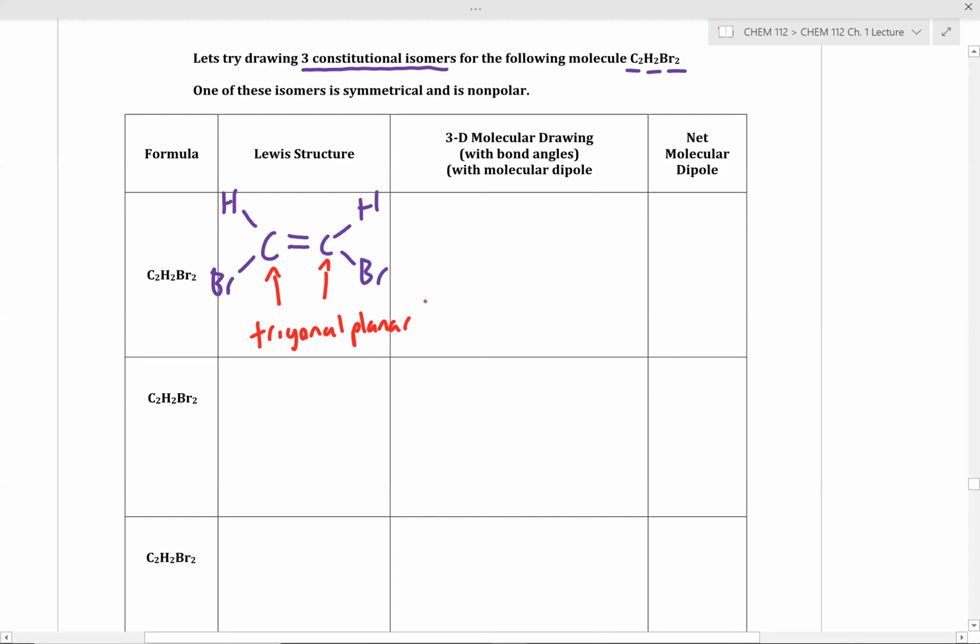So if we're drawing this molecule with respect to its 3D shape, it's perfectly flat, and we're already respecting the bond angles found in this molecule. And what is the bond angle for a trigonal planar geometry? 120 degrees. That's why we've drawn our bonds separated with a 120 degree bond angle.